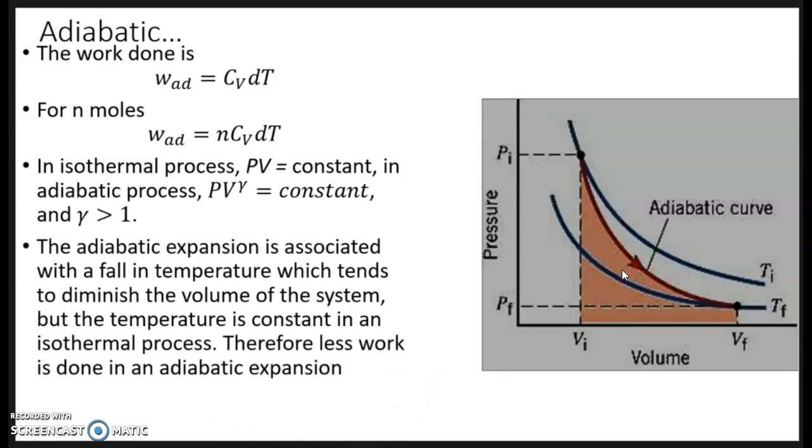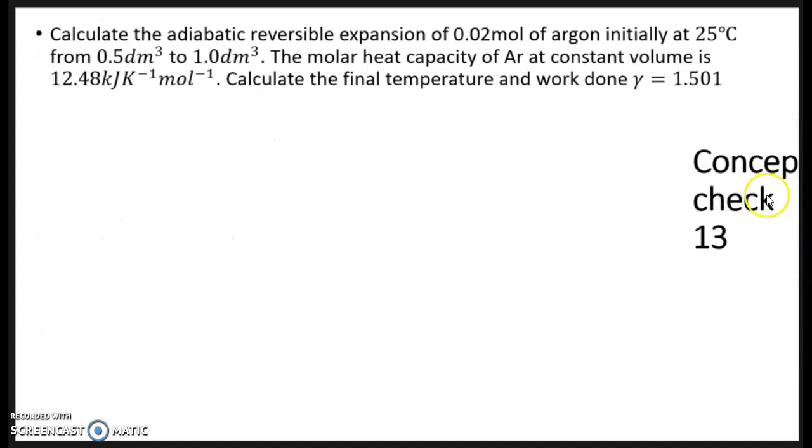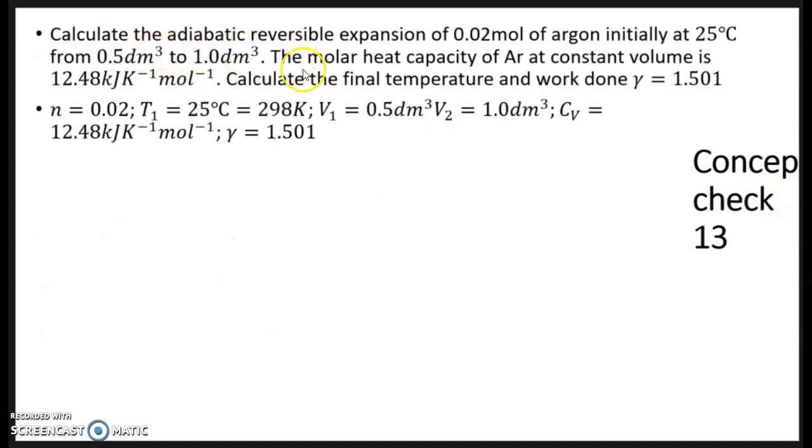A quick example. Calculate the adiabatic reversible expansion of 0.02 mole of argon initially at 25 degrees centigrade from 0.5 dm cube to 1.0 dm cube. The molar heat capacity of argon at constant volume is given. Calculate the final temperature and work done. Gamma is 1.501.